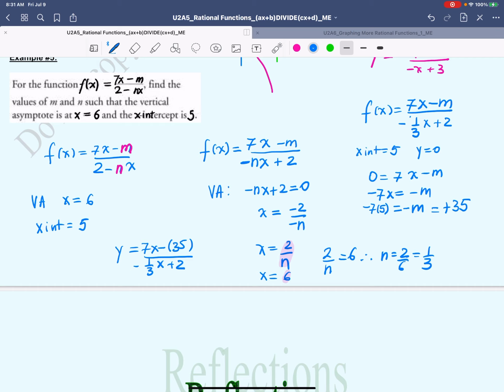So in a simpler form, we're going to write this as 7x minus 35 over, and we can also factorize the 1 over 3x, or write negative 1 over 3x plus 2 as negative x plus 6. Even better, this would be y equals 7x minus 35. Bring the negative to the front. Factor it from the denominator, x minus 6. And voila, we got the equation of the function.